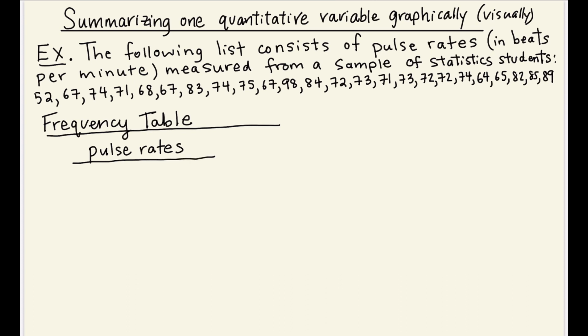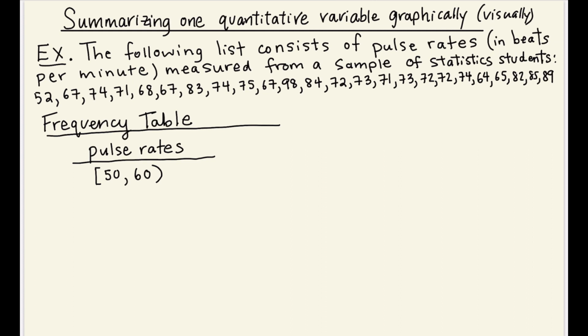The first class I'm going to use is 50 to 60. There could be pulses in the 30s or 40s. And if that happens, I can just add a class later.